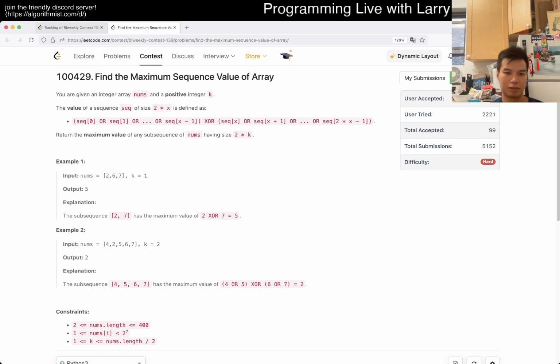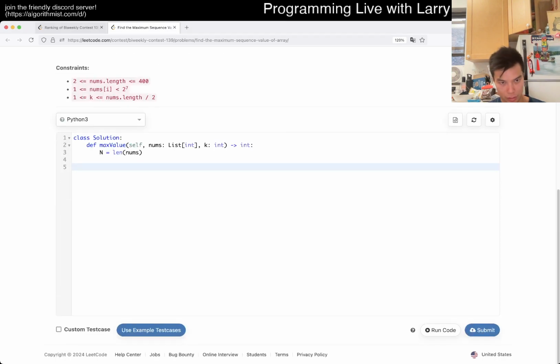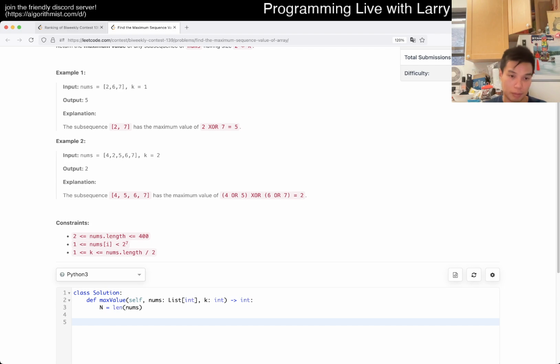Some like partitioning thing. With a 10-minute penalty from stupidness. I'm not awake. That's my excuse. Not awake for this problem either, huh?